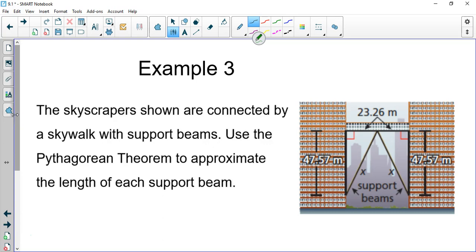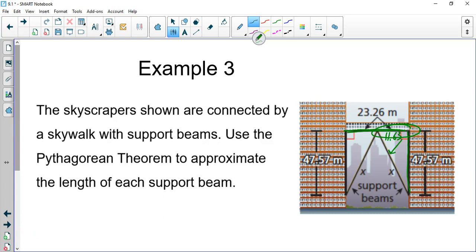Okay, so we know this whole length here is 23.26, but we only need half of that. So 23.26 divided by 2 is 11.63. Now what are we looking for?